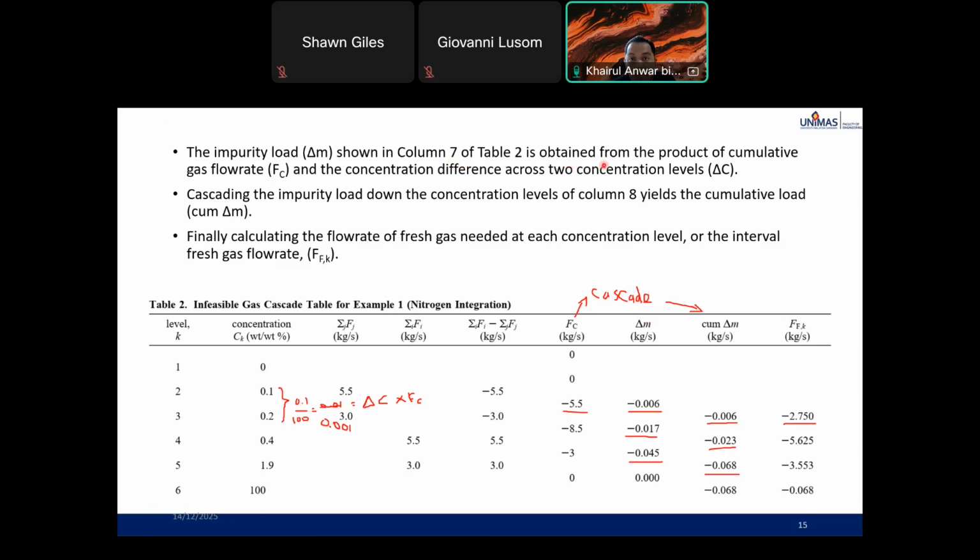It is obtained from the product of cumulative flow rate FC and the concentration interval delta C. So if you still remember yesterday for the water, it's delta P. Not pressure, it's purity. In this case, it's delta C, concentration.